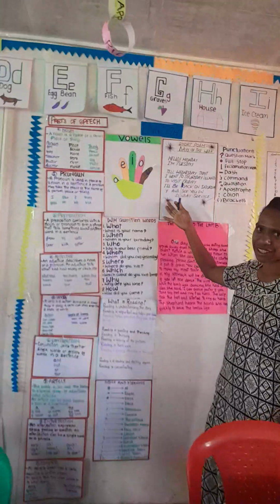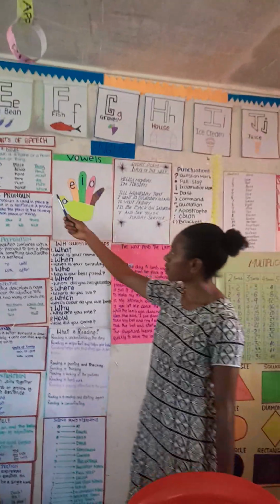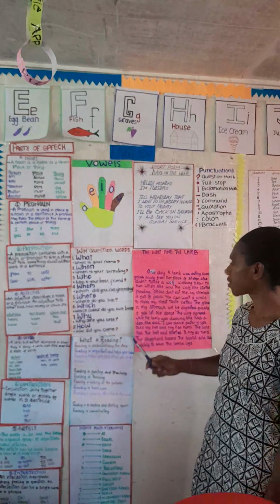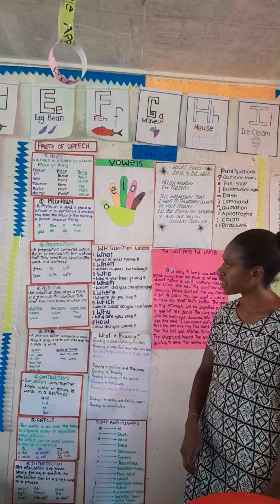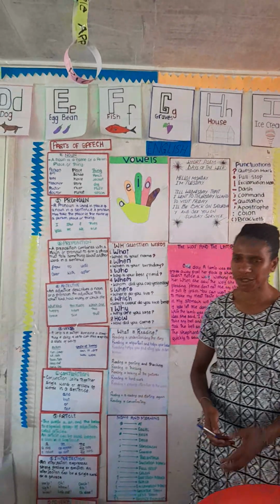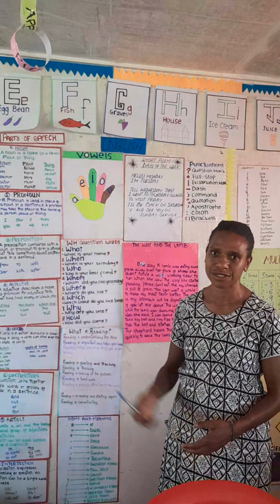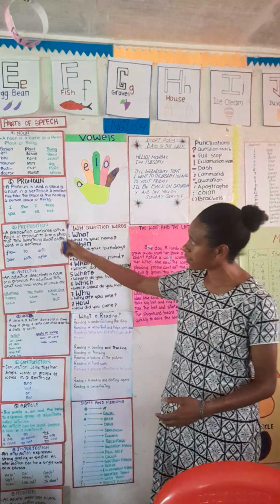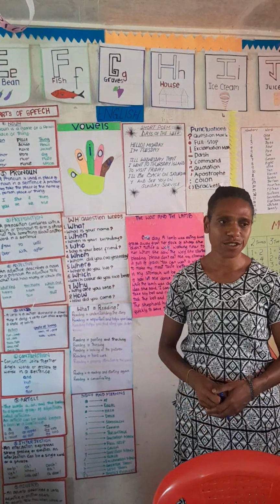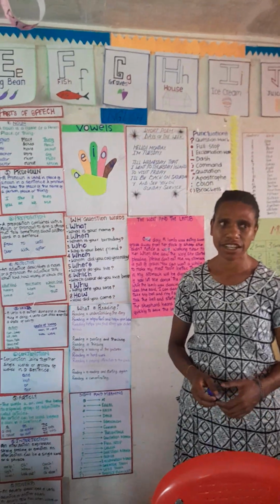In English, we have a lot of things, but at least we include some things here, like the vowels and some short stories with the punctuation marks. In English, we know that most of the students find it difficult to read. So that's why we put a lot of things, for example parts of speech, because they get confused when writing out stories or when reading.